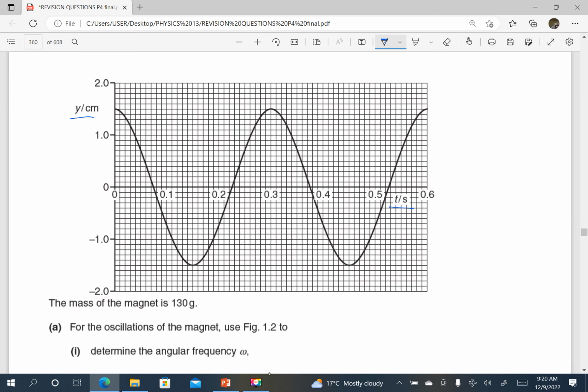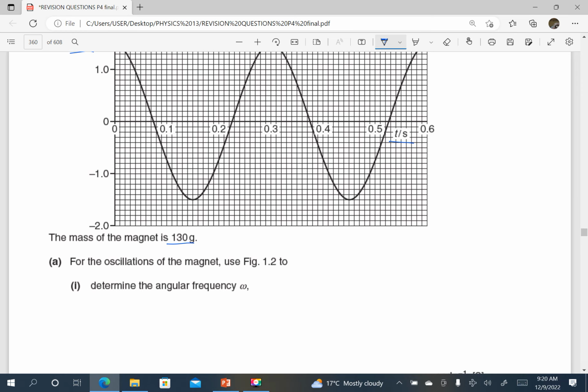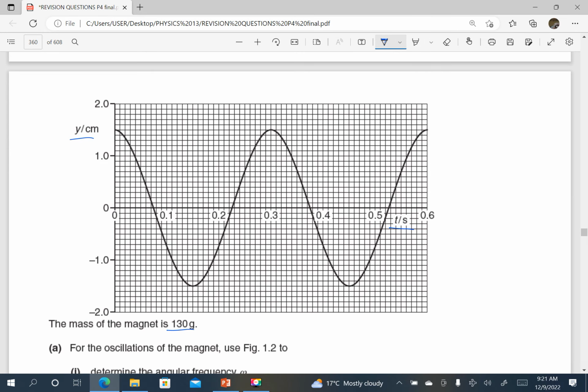The mass of the magnet is 130 grams. For the oscillations of the magnet, use the figure to determine the angular frequency omega. Angular frequency omega is simply 2 pi f, or 2 pi over T. So we can look for the period from the graph. If I start at t equals 0, then the first period is there.